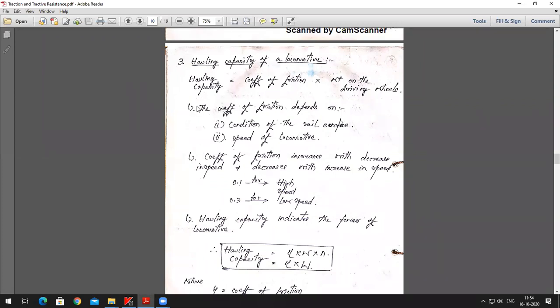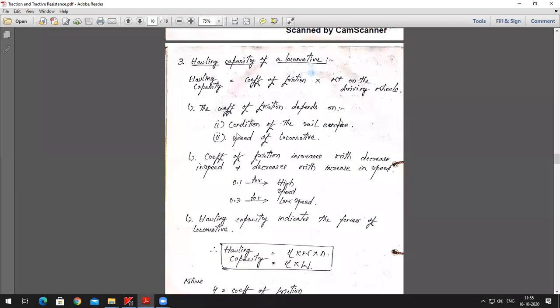Okay, now this coefficient of friction actually depends on two parameters. One is the condition of the rail surface, whether it is rough or smooth, or has defects or wear on it. And it also depends upon the speed of the locomotive. Greater the speed, lesser will be the friction. Less the speed, more will be the friction.